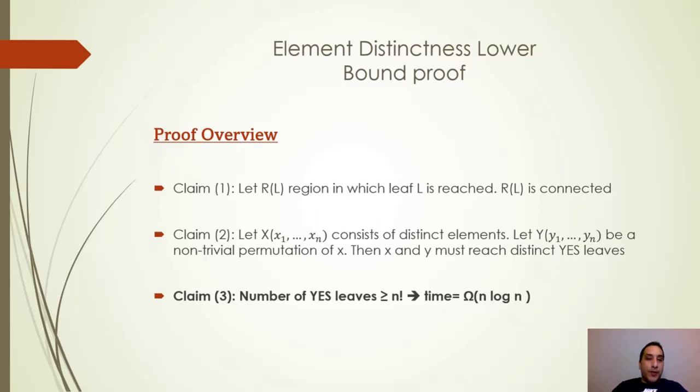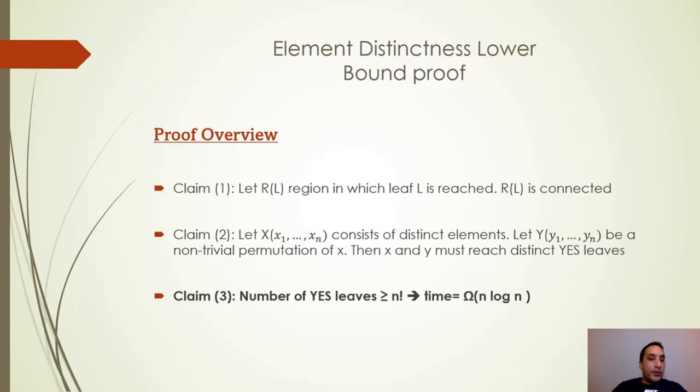So what do we know so far? We have proven our second claim, and now we know that if we take x, and x consists of distinct elements, and if we take y and make y a permutation of x, then x and y must reach distinct yes leaves.